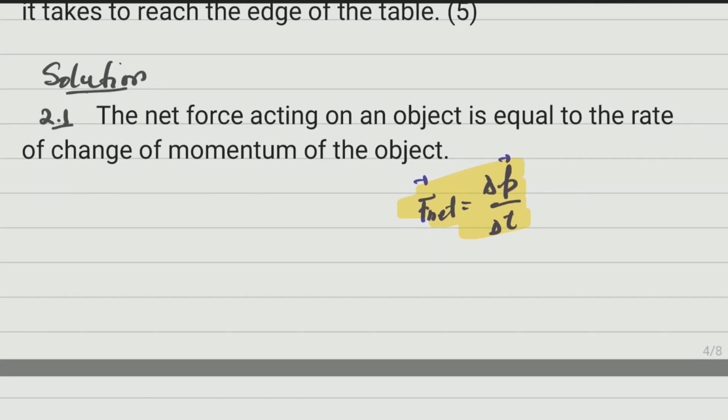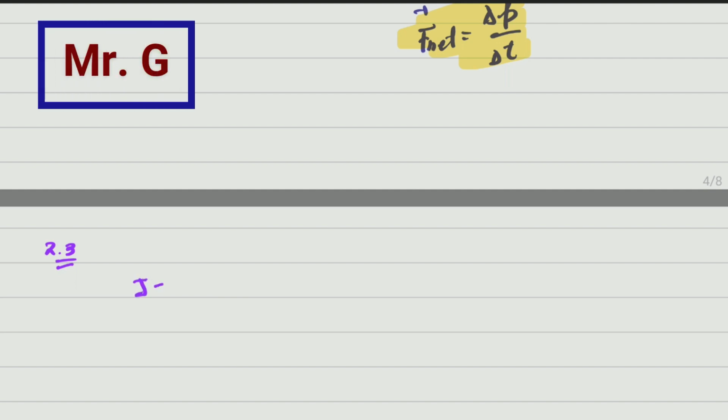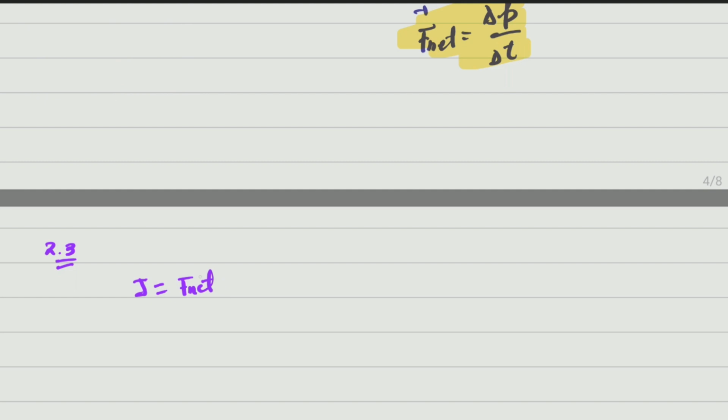So question 2.3, let's do it on this page. Question 2.3, and they ask us to calculate the impulse of the force. And impulse, remember, is equal to F net multiplied by time. Or we can say that impulse is equal to the change in momentum.